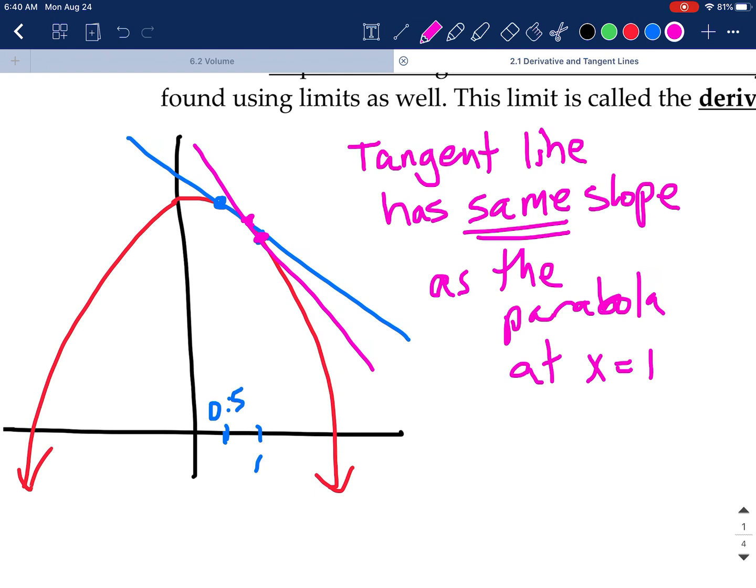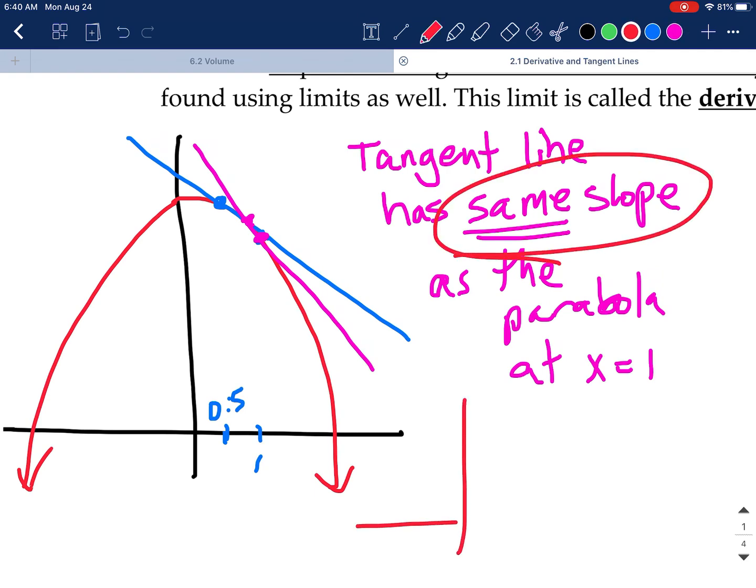And so that was the key, that we could get the exact same slope. Because if I have a line, it's easy to calculate the slope of a line. We just draw our little slope triangle, do rise over run. But for curved objects, or things moving along a curved path, it's much harder to figure out what the speed or velocity is that they're moving at.